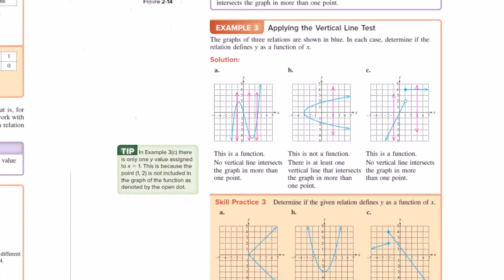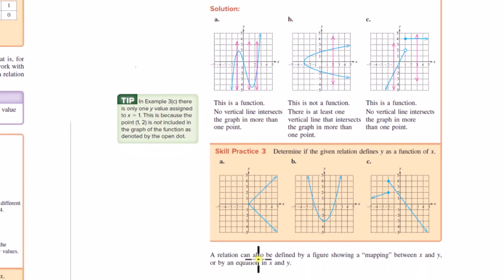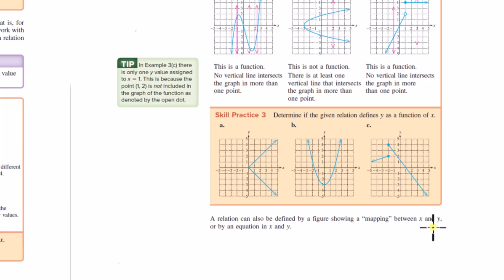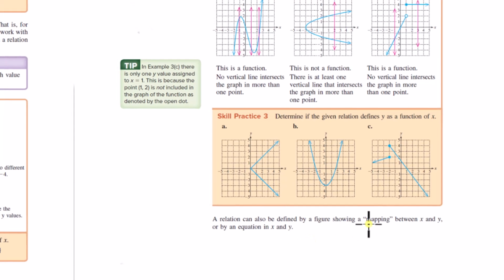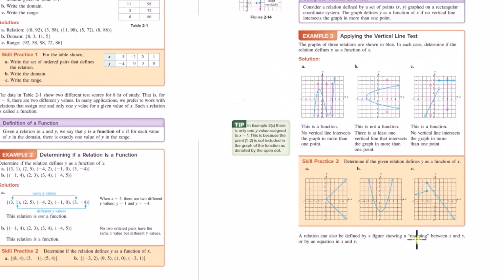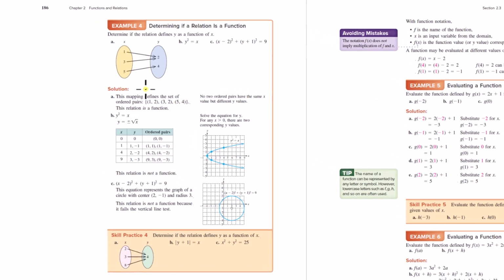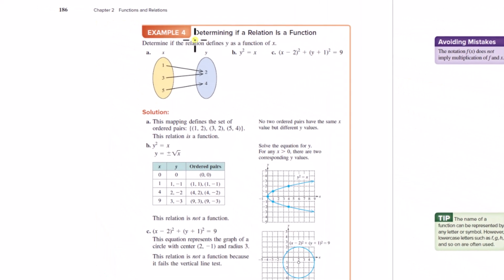Okay, so it says a relation can also be defined by a figure showing a mapping between x and y, or by an equation in x and y. So let's take a look at what they mean by this first form, a relation being a mapping between x and y. This is one way you can represent a relation.